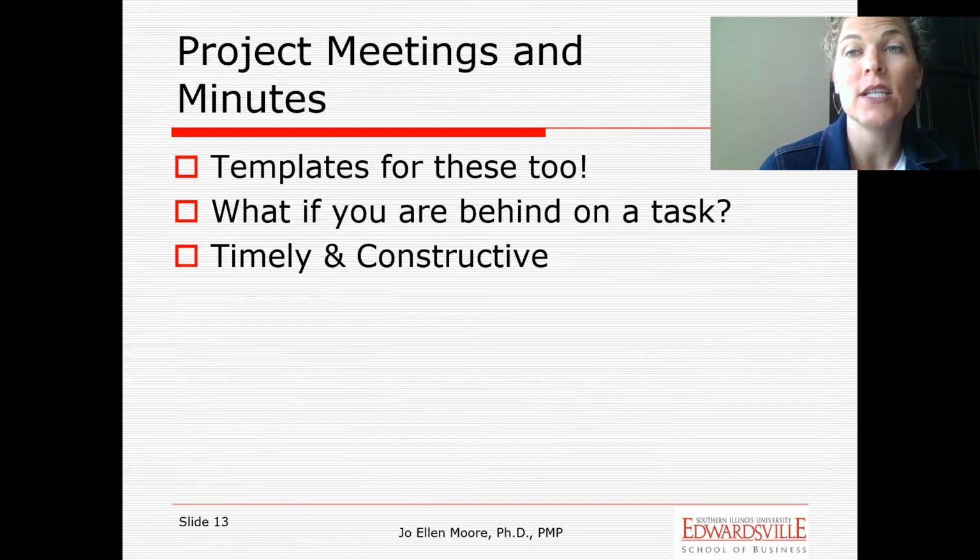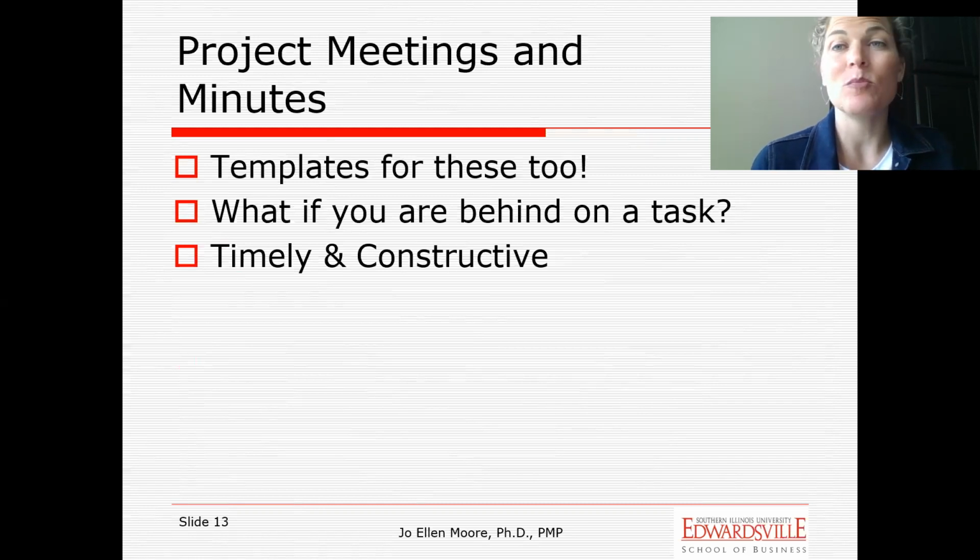create an agenda, a meeting agenda for that particular meeting. What is the purpose of the meeting? What are we trying to get accomplished during that meeting? Essentially this can just be a Word document that has a list of topics that we're going to kind of charge through.